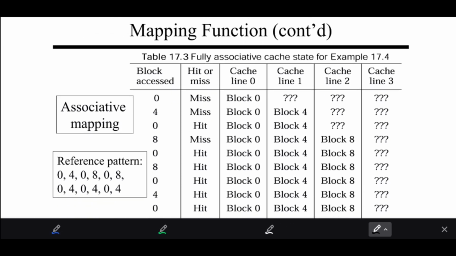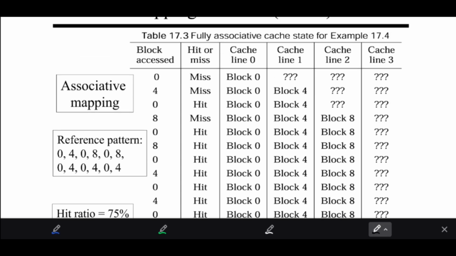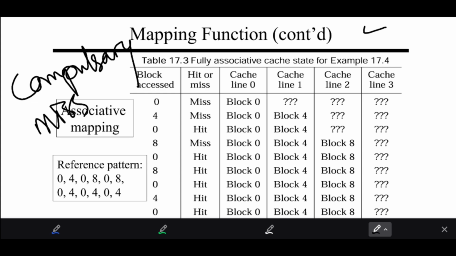Let's move towards some examples. Fully associative cache states, for example. In associative mapping, when the system initially starts, there will be a compulsory miss, as I have discussed, because the cache memory is empty.